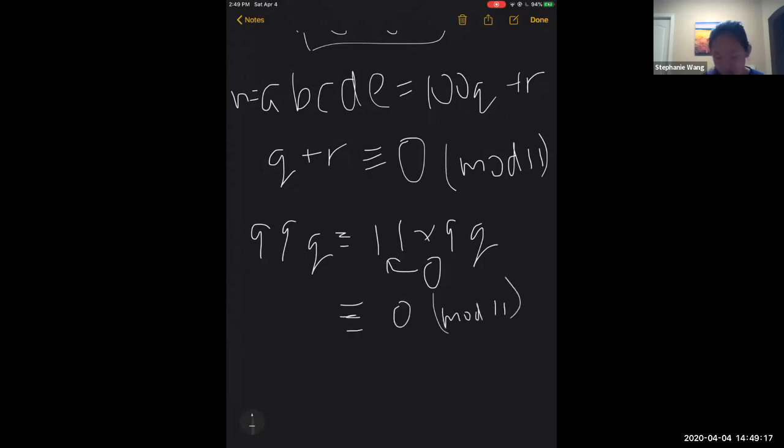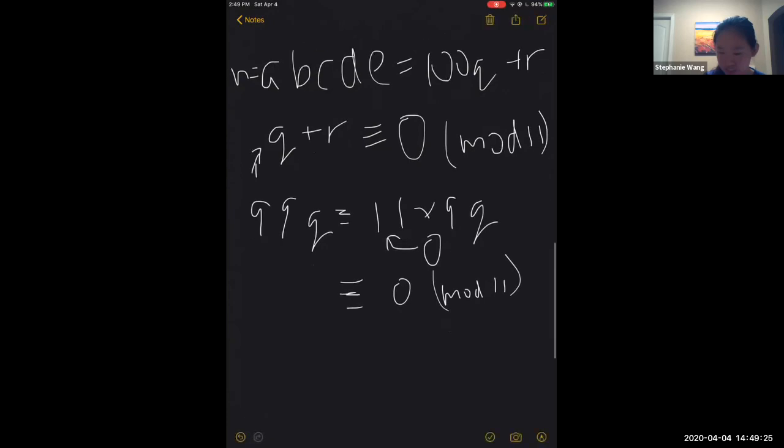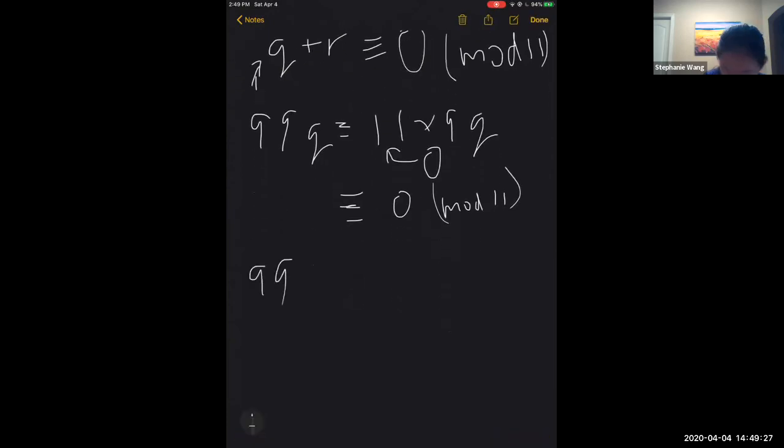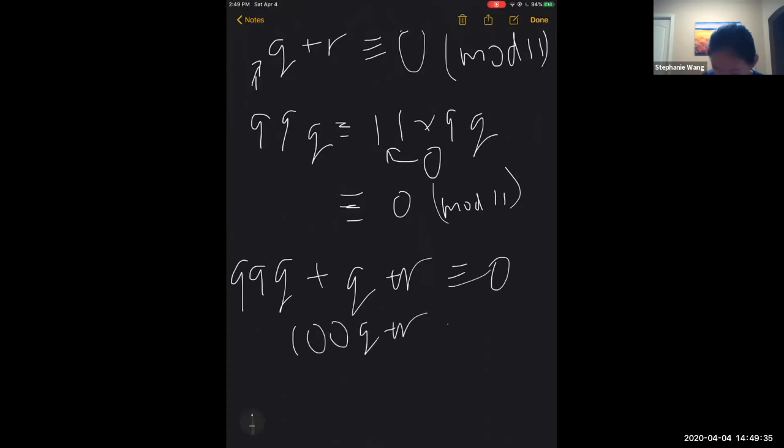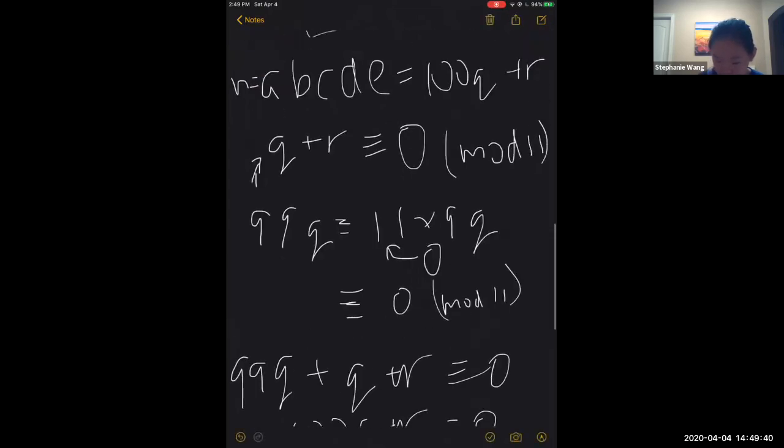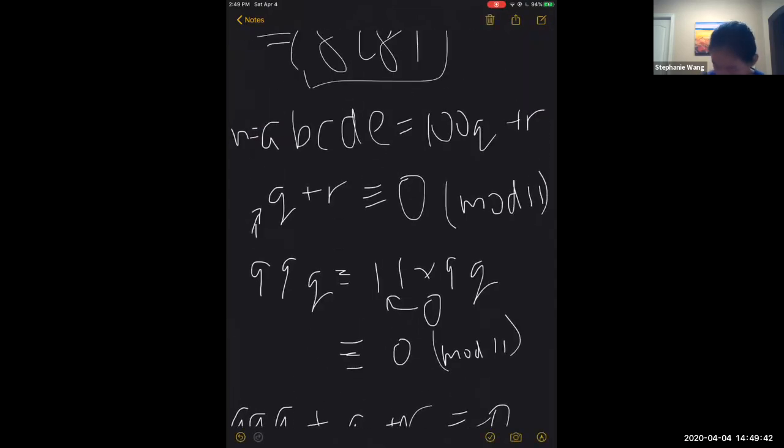Even if we add 99Q to that, it won't change the value of 0 because it is 0. So 99Q plus Q plus R is congruent to 0. So we have 100Q plus R is congruent to 0. And look, as I said earlier, 100Q plus R is n.